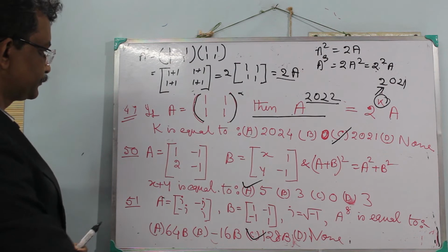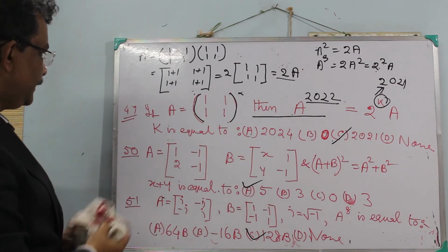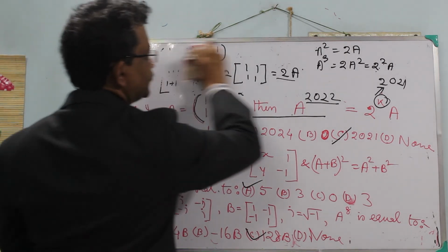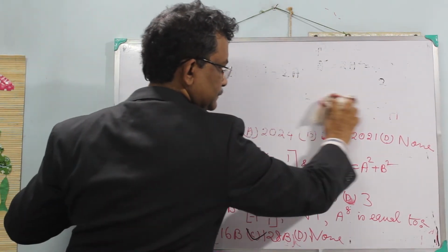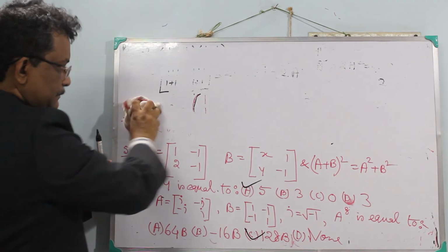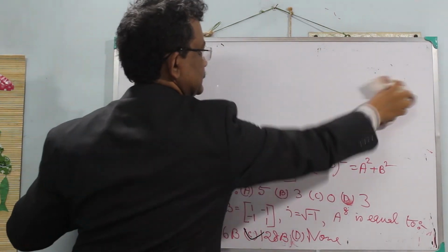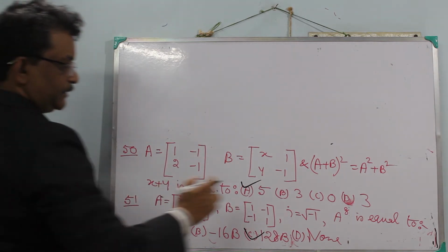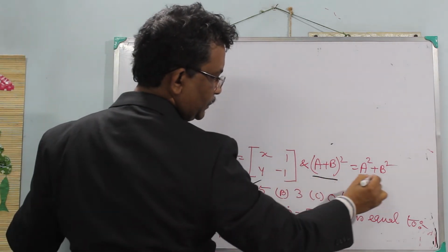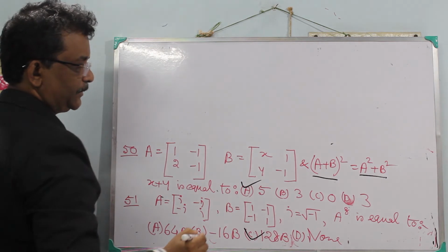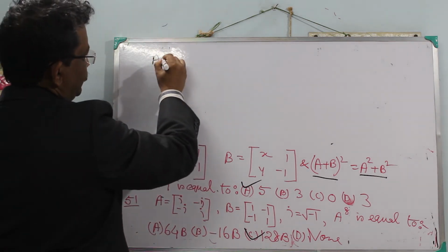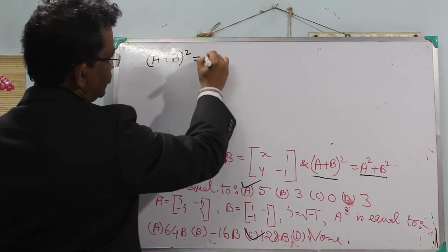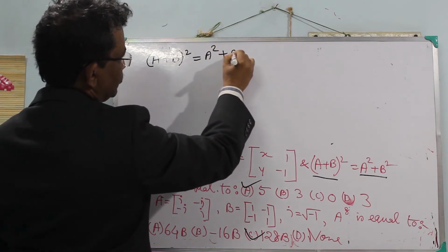Next, A equal to this and B equal to the matrix given. And a relation is given: (A plus B) whole square equals A square plus B square.